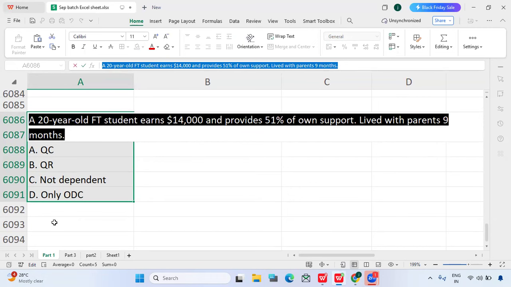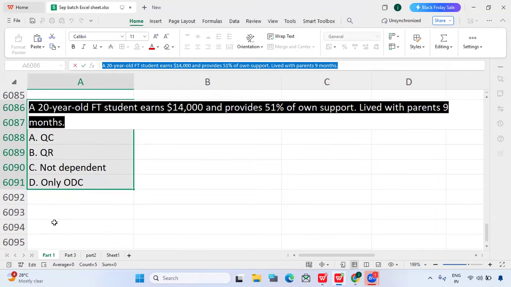Option C. To be considered a qualifying child, he himself should not provide more than 50% of his own support. Anyone else can provide, but he is providing over 50%. So he is not a qualifying child, and not a qualifying relative either.